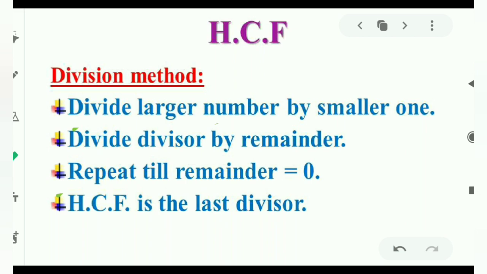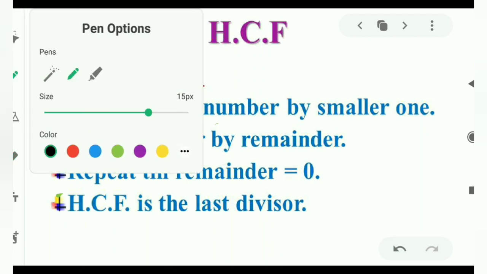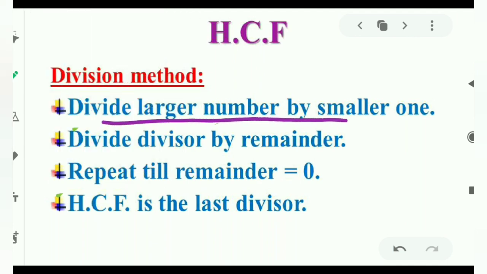Good. Let's begin. Divide the larger number by smaller number. If we are provided with 2 numbers, we have to do division while considering larger number as a dividend and smaller number as a divisor. After doing the division, we will get one remainder, right?